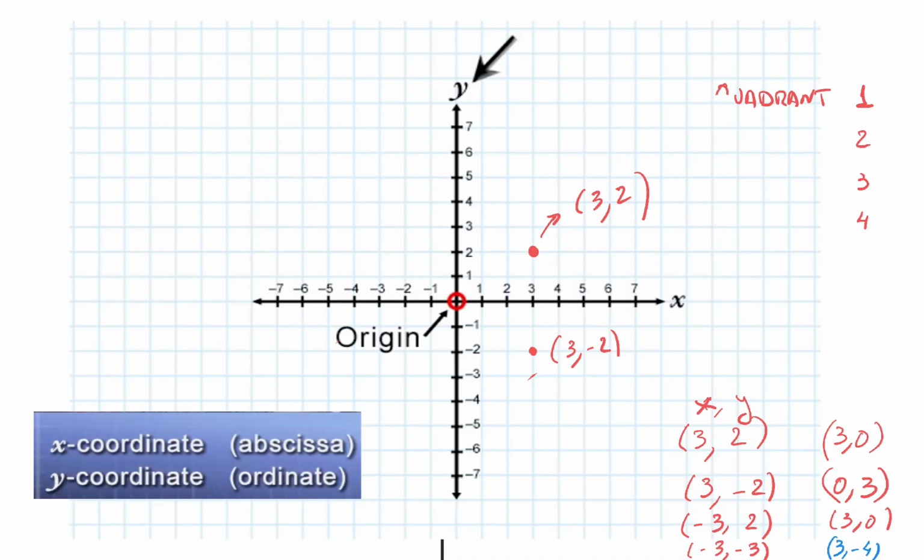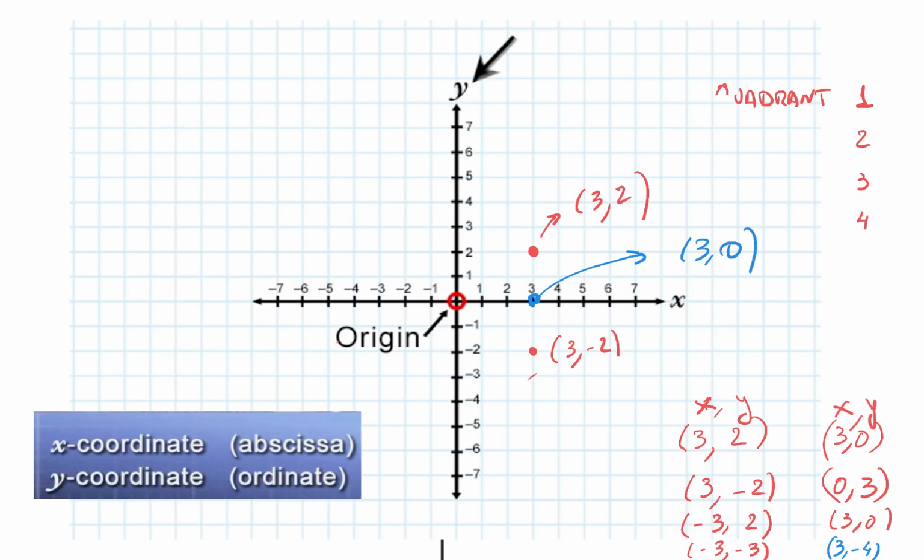Remember again, the x comes first, and later on walking 0 units, not up, not down, in the y direction. Where will it be? Okay, let's do it. I walk 1, 2, and 3 units in the x direction. I don't move up, I don't move down. So (3, 0) is this point.